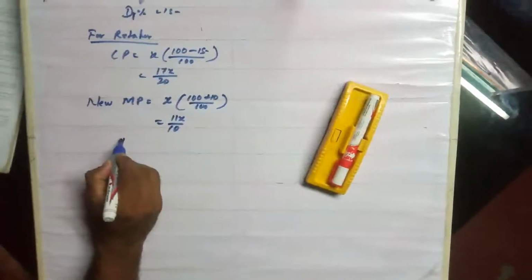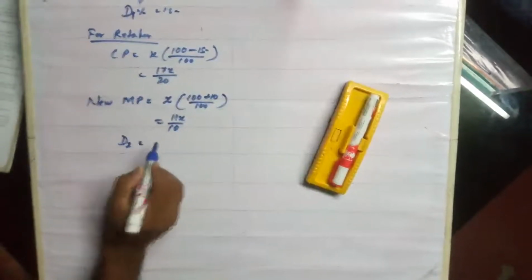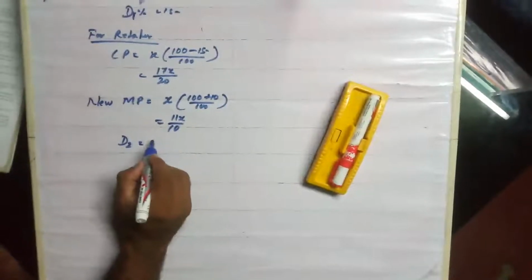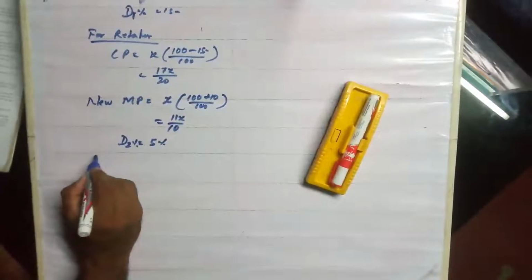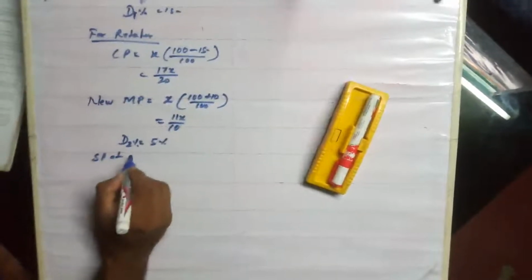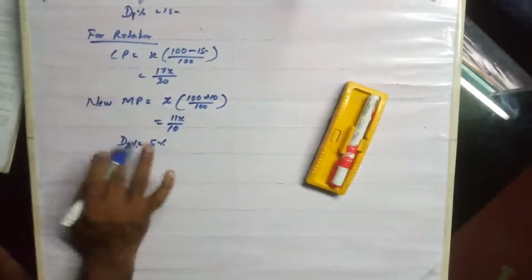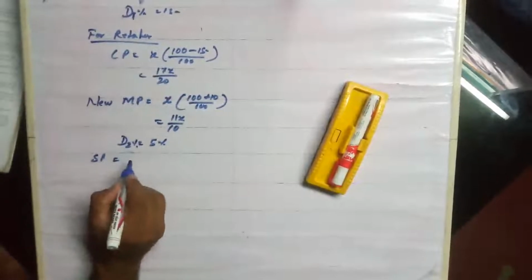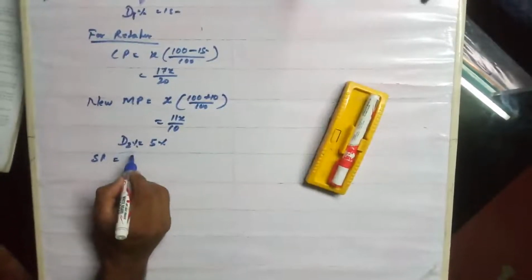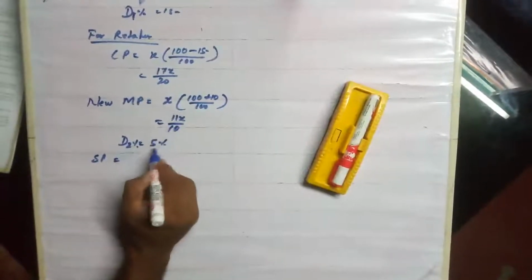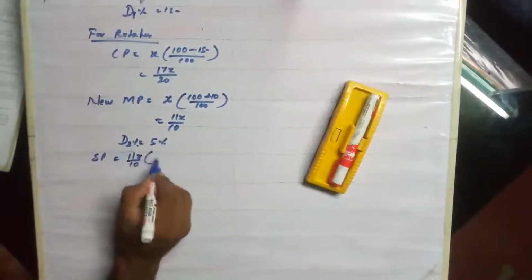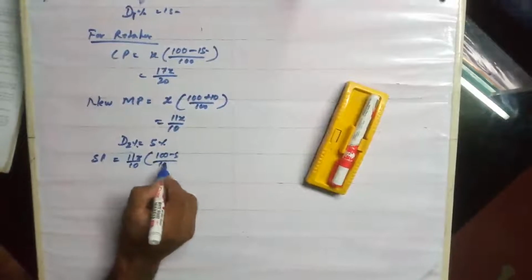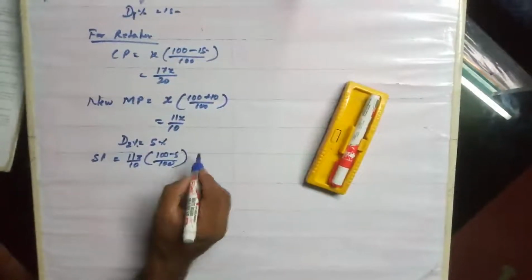Now how much discount is he given? 5%. So the SP of the retailer, how much? The selling price, on this he gave 5% discount. 11x by 10 into (100 minus 5) by 100.